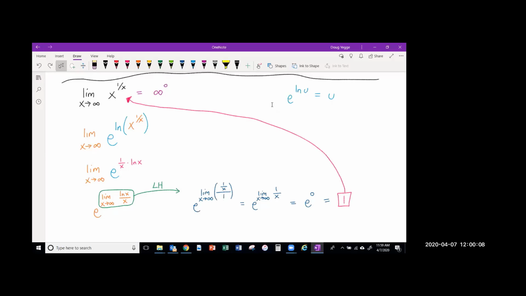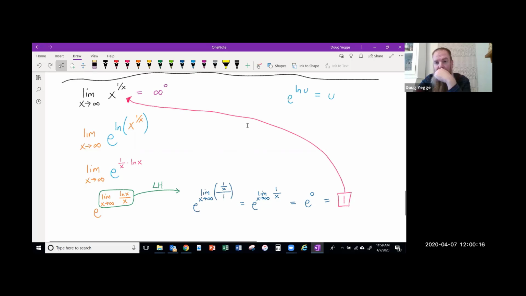I got kind of lost. How did you take e in front of a limit? Yeah. Okay. So let me put it this way. It's going back to our properties of limits.